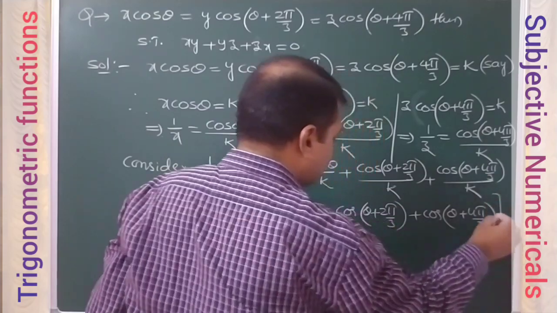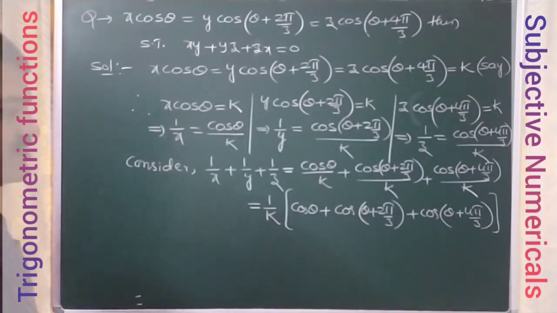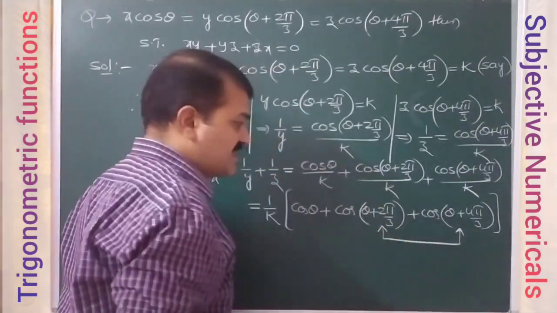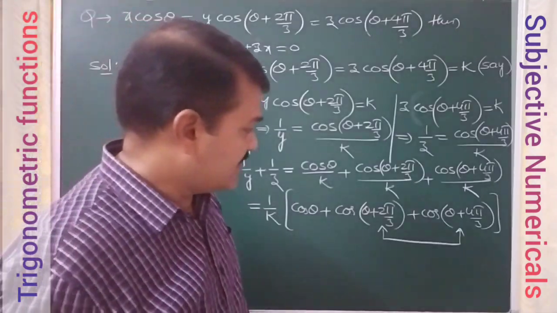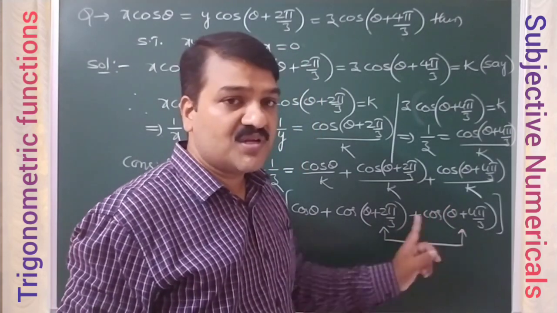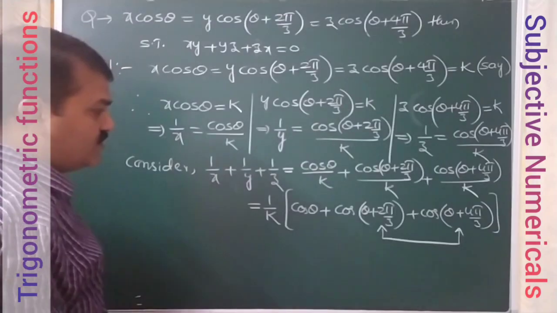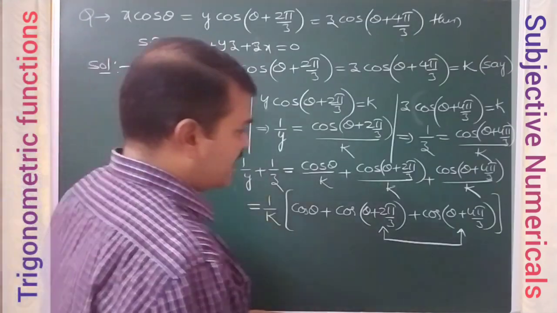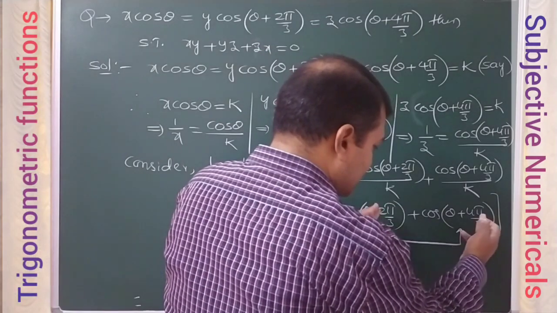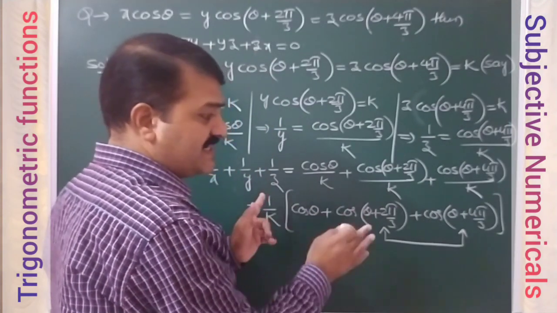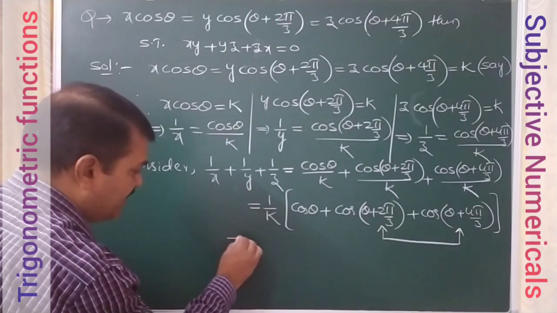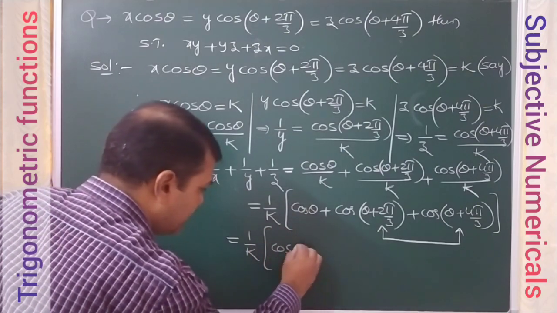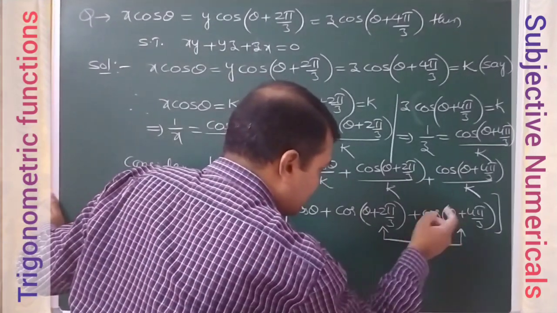Now for the last two terms, let us use the cos c plus cos d formula. We can use anything, but I am applying it to these two such that cos theta is left independently. So 1 by k, cos theta plus cos c plus cos d.